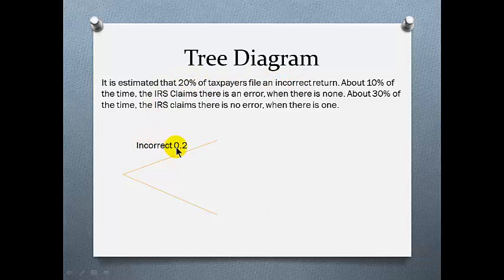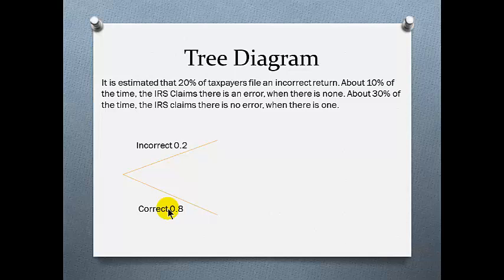So incorrect, 0.2 as a decimal, is the number of incorrect returns. The other half of the tree, then, has to be the complement, or the opposite. If 20% are incorrect, then the correct returns must be 0.8. Notice we get that by subtracting from 1. 1 minus 0.2 is 0.8.